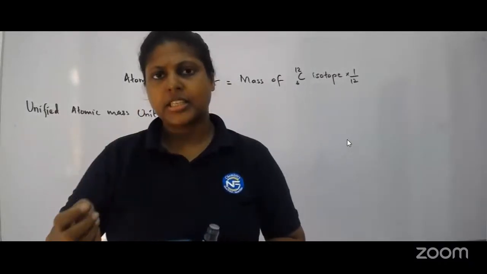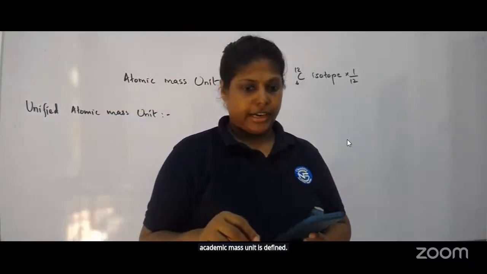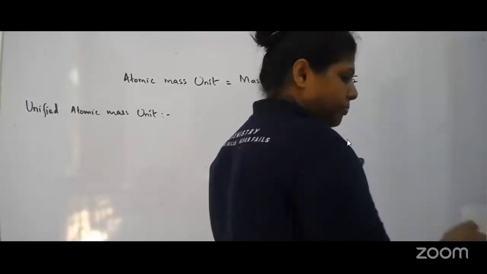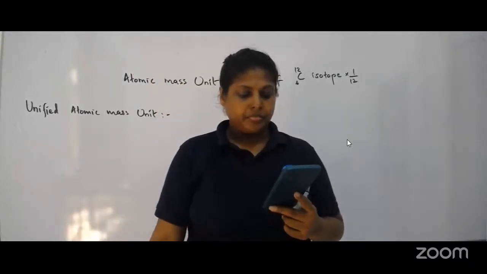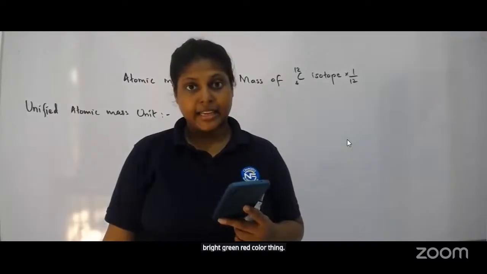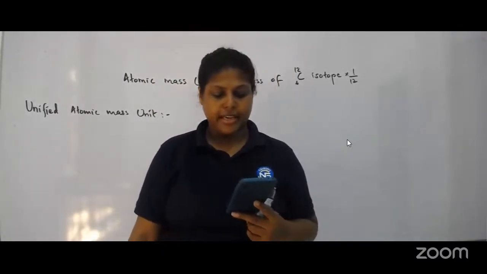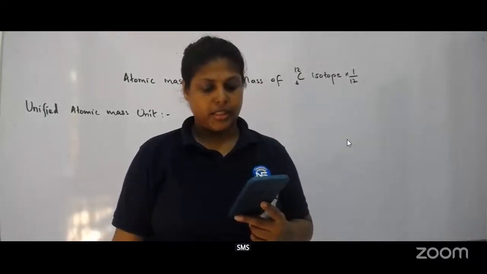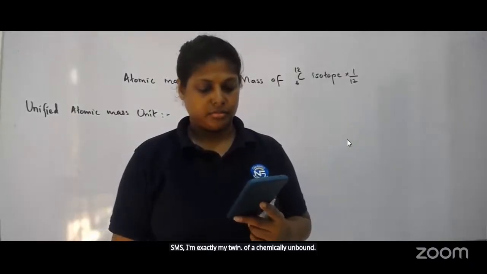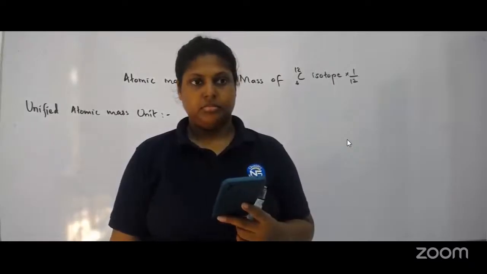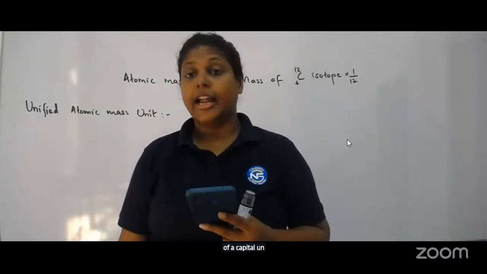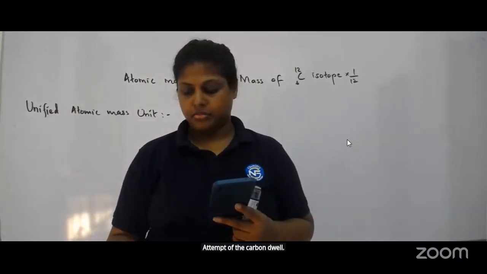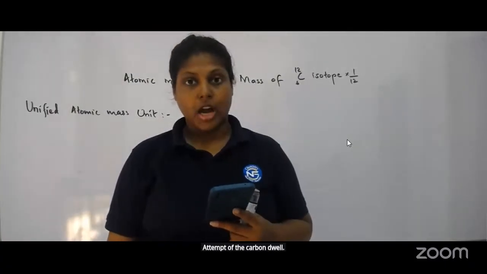The unified atomic mass unit is defined, write in red color pen, as a mass of exactly 1/12 of a chemically unbound atom of the carbon-12 isotope of carbon.